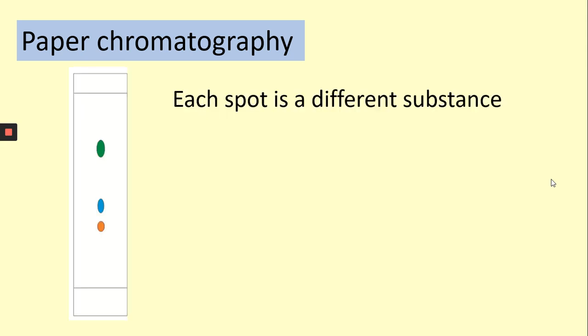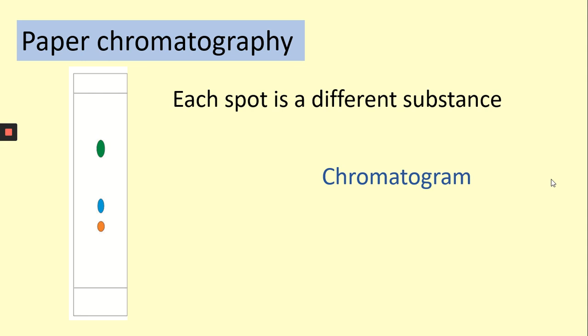So we have set up our method, we've waited, we've taken the paper out when it's got towards the top. What we end up with is something called a chromatogram. So your original substance has separated out into different spots. Each spot that you can see on a chromatogram is a different substance.